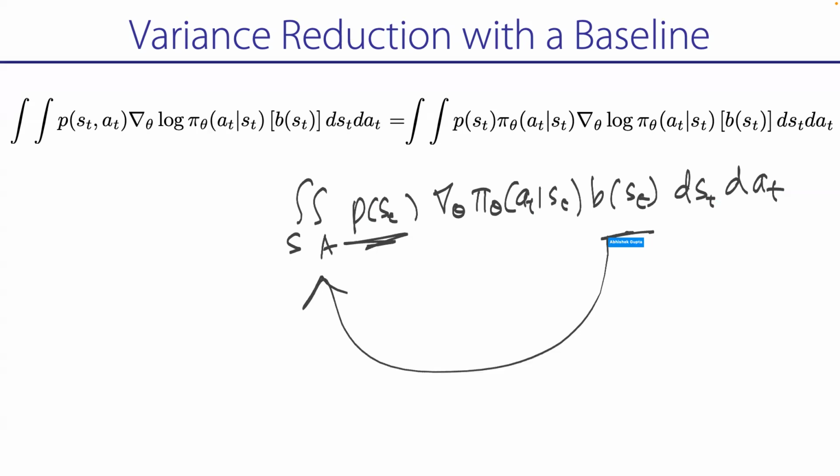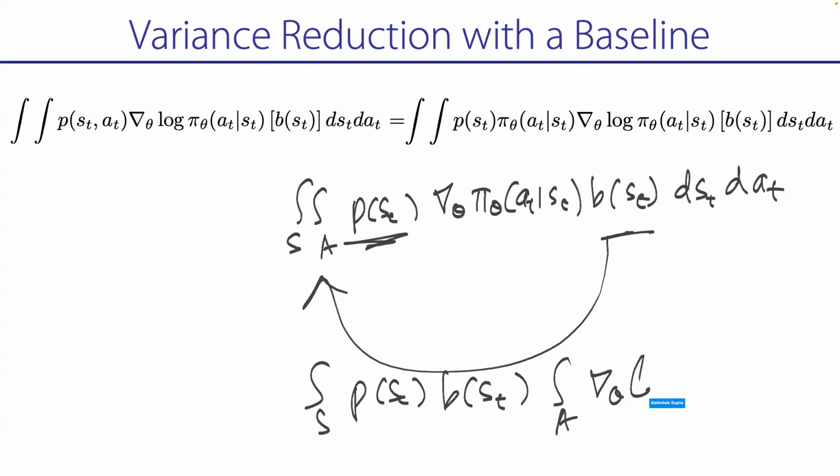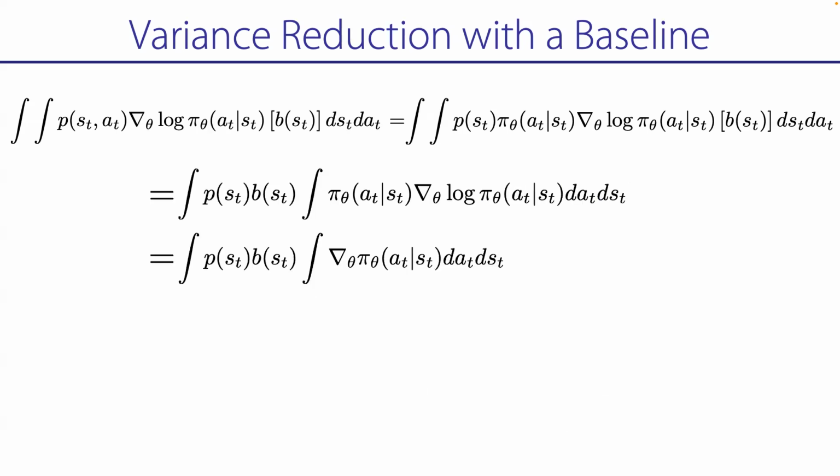You can say this is integral over S of P of S_t, B of S_t, integral over A of grad theta of pi theta of A_t given S_t dA_t, and dS_t. So let's look at this inside term. It is basically the gradient. Now I can reveal.